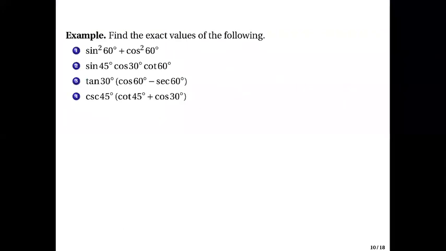Let's look at this first set of examples. We want to find sine squared 60 degrees plus cosine squared 60 degrees. You can write the actual values of sine 60 degrees and square it, and then cosine 60 degrees and square it, and then add them.